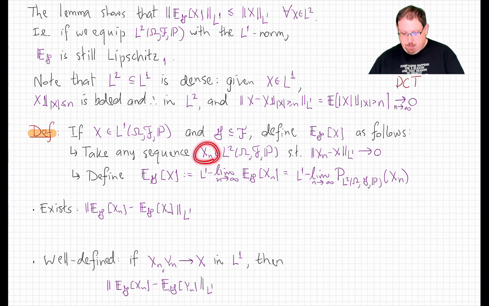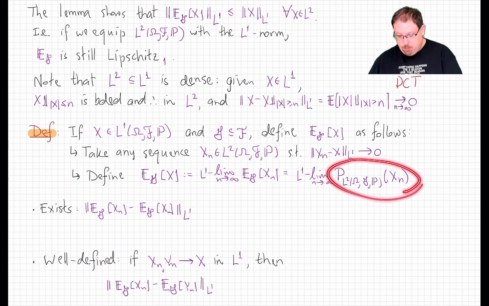I take any approximating sequence of x in L1 norm by L2 random variables, or even bounded ones if I want, and then I'll define the conditional expectation of x given G to be the L1 limit of these conditional expectations. These are just defined to be these orthogonal projections.